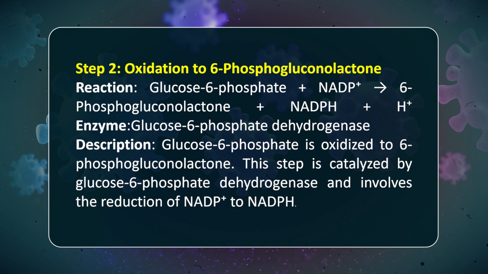The enzyme responsible here is glucose 6-phosphate dehydrogenase. So, here what is happening? Glucose 6-phosphate is oxidized to 6-phosphogluconolactone. This step is catalyzed by glucose 6-phosphate dehydrogenase and involves the reduction of NADP+ to NADPH.